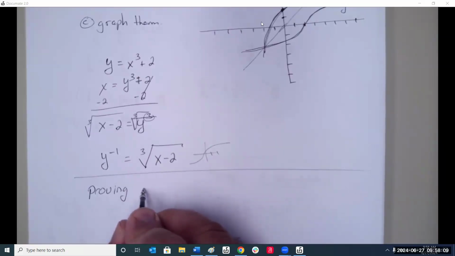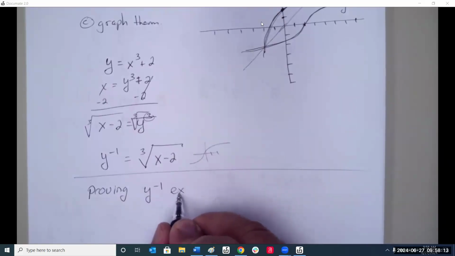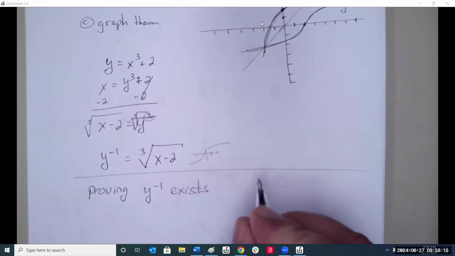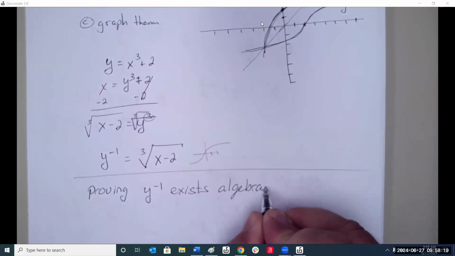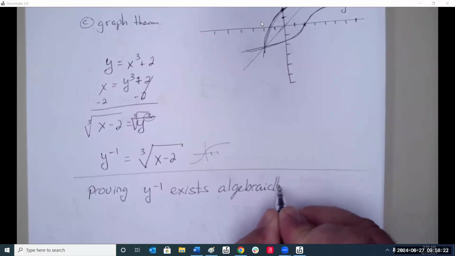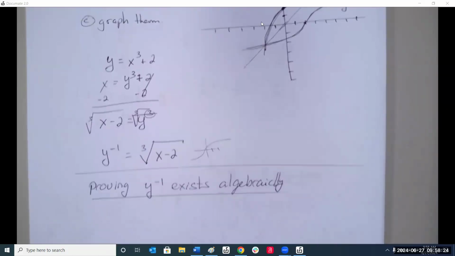Proving the inverse exists algebraically.